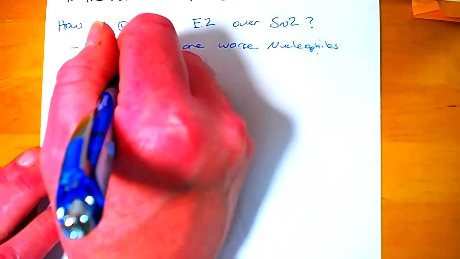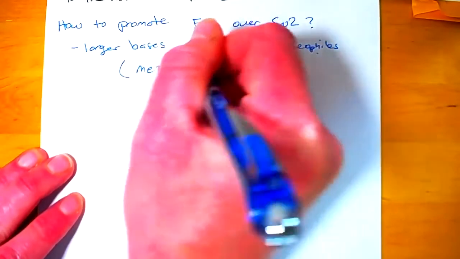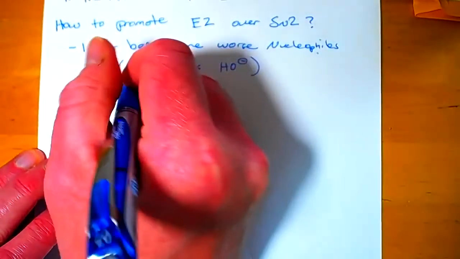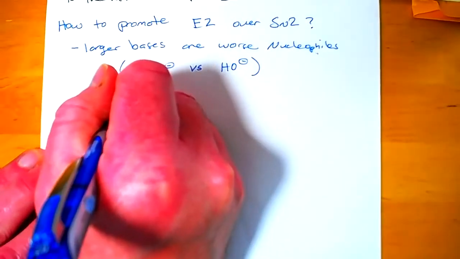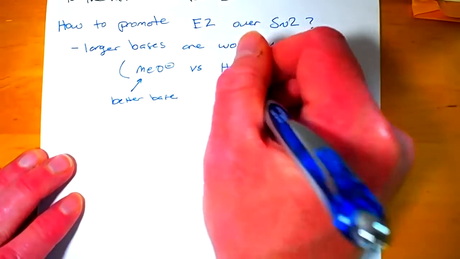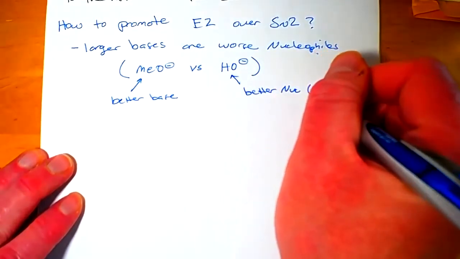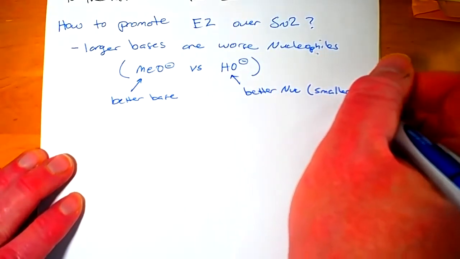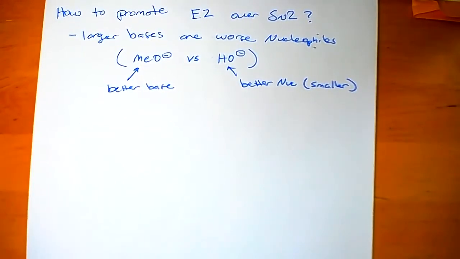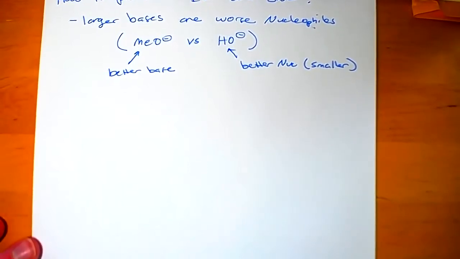So if we're going to use methoxide versus hydroxide, well, methoxide is a better base, but hydroxide is a better nucleophile, and it's better because it's smaller. So one way to promote E2 over SN2 is to bulk up your base.